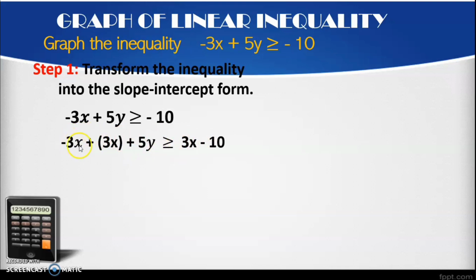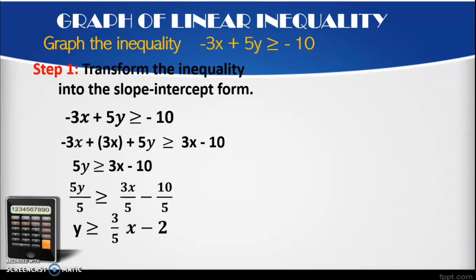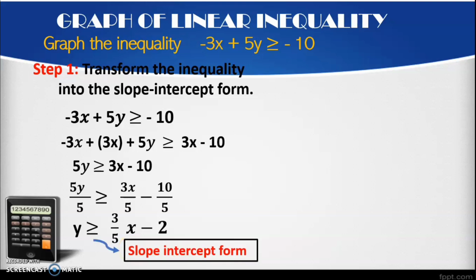Then, negative 3x plus 3x is equal to 0. So, ang matitira is 5y greater than or equal to 3x minus 10. Then, next step, we will divide both sides by 5. And the result is y is greater than or equal to 3/5 x minus 2. Ito na ngayon ang slope-intercept form natin na inequality.